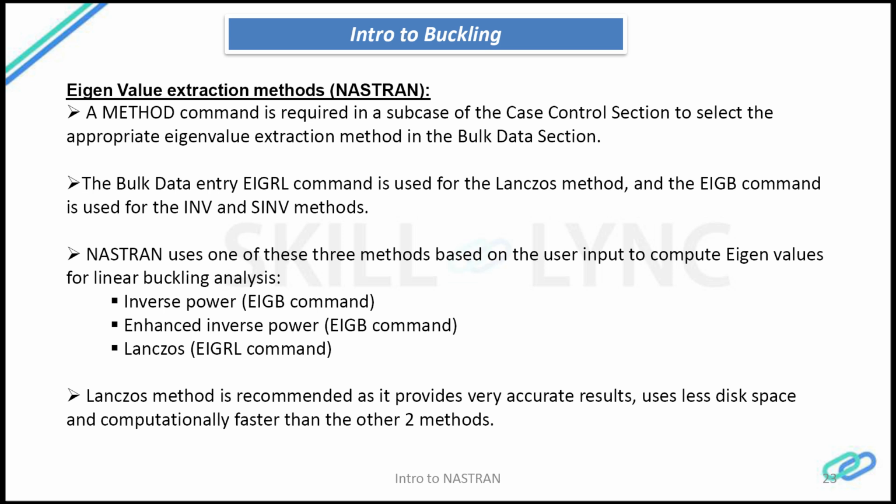The bulk data entry EIGRL is used for the Lanczos method, which is a very popular method, and EIGB is used for the inverse power and enhanced inverse power methods. So Nastran uses one of three methods for solving the linear buckling analysis: the inverse power, the enhanced inverse power, and Lanczos. Lanczos method is computationally very quick compared to the other two methods.